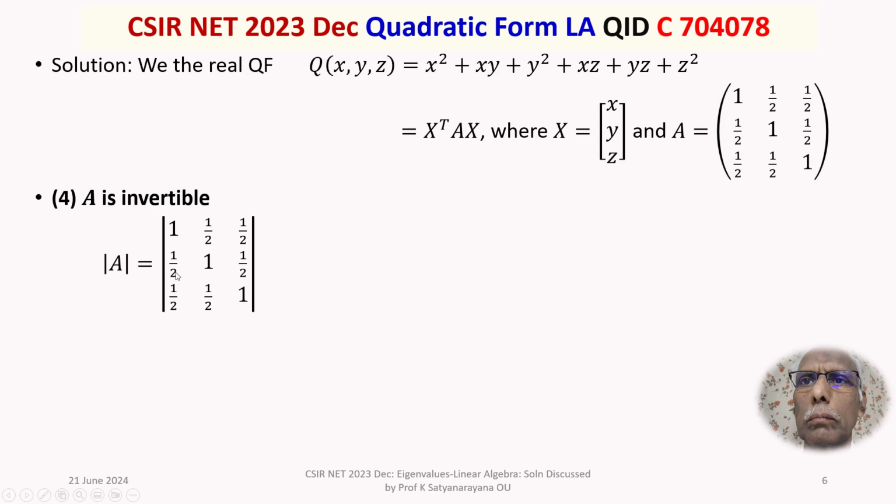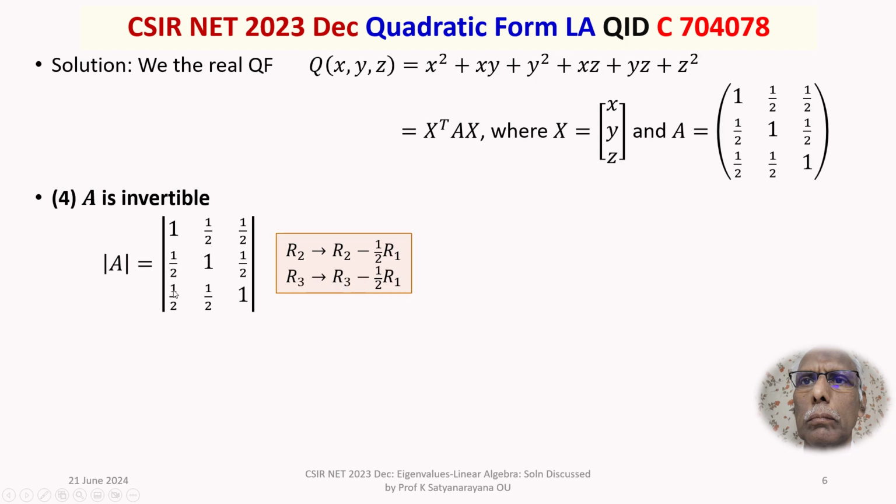To make the 2, 1 position 0, multiply the entries of the first row by 1 by 2 and subtract from the entries of R2. So R2 is R2 minus half times R1. Also R3 is R3 minus half times R1.